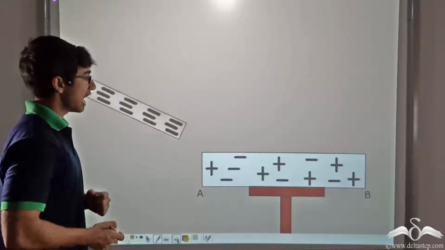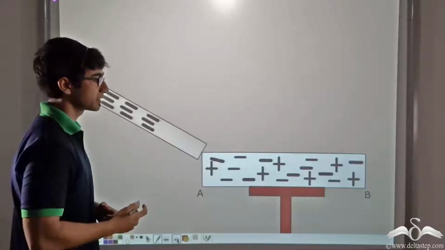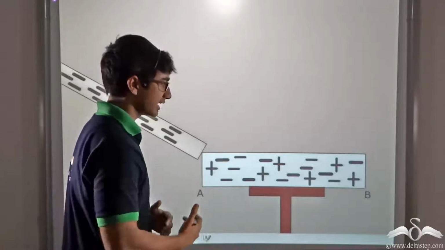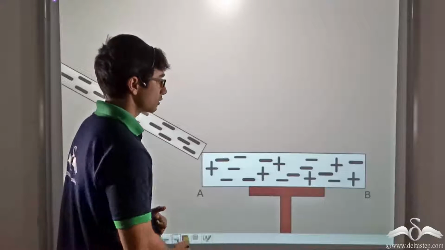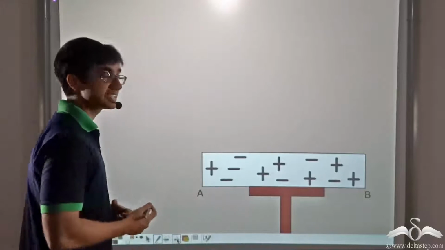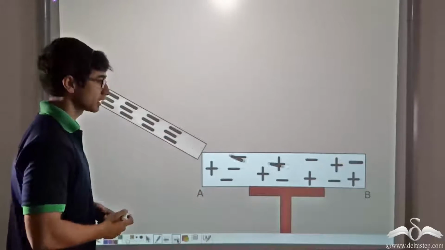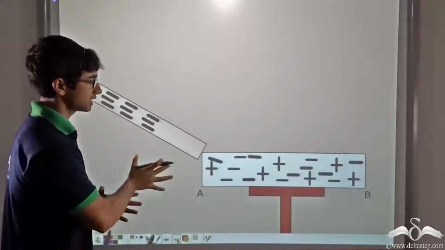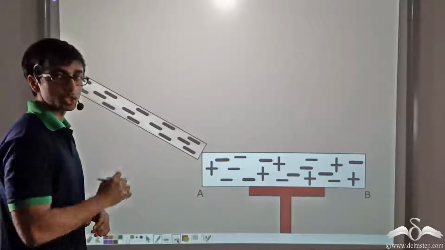So after the negatively charged rod is touched with AB, AB is becoming negatively charged. The reason for keeping the conductor AB on an insulated stand is so that it does not touch the ground.